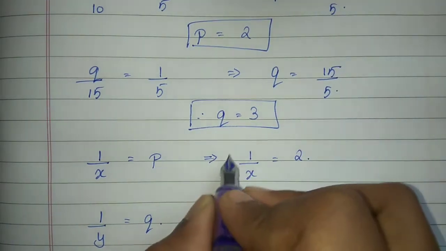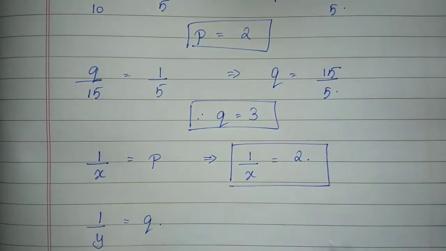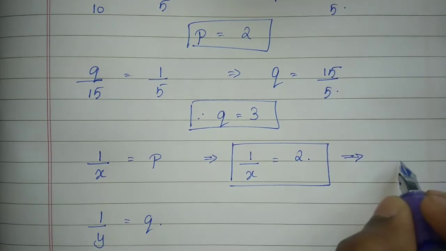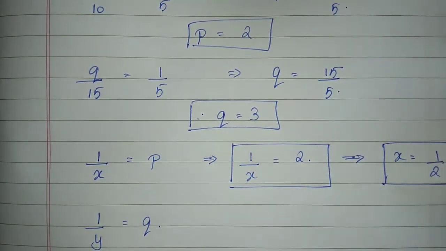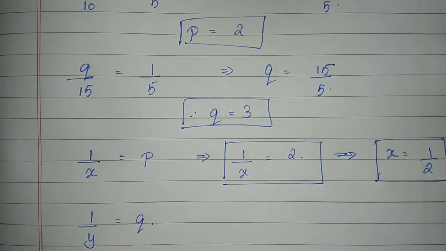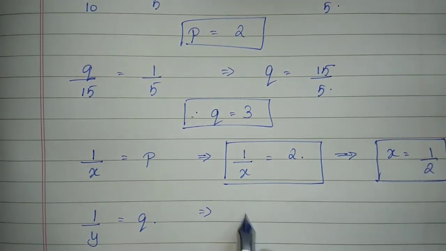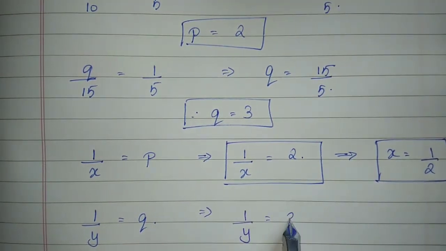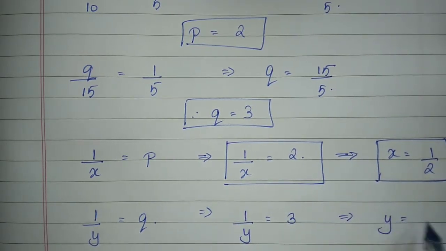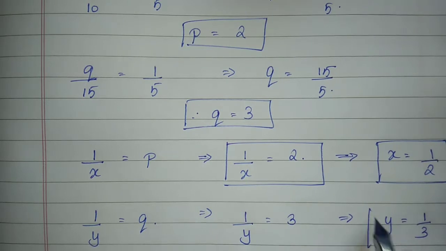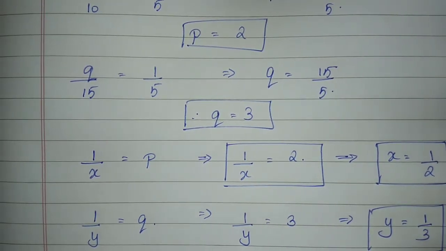It is 2. So 1 by X value is 2, or this implies X is equal to 1 by 2. 1 by 2 is the answer for X. So 1 by Y is equal to 3. So Y is equal to 1 by 3. So this is the answer.